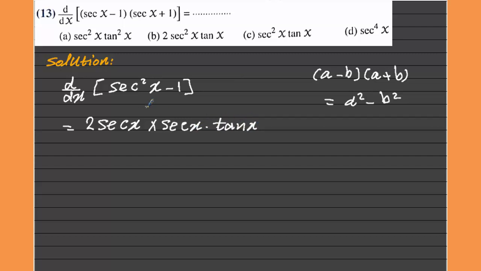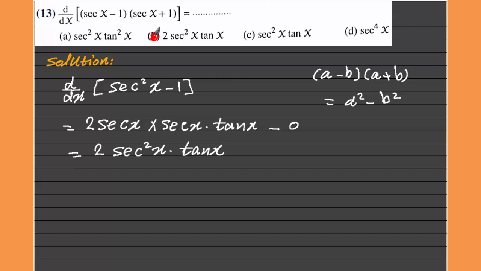The derivative of sec is sec tan minus the derivative of 1 is 0. So the final result will be 2 sec x multiply sec x is sec square x dot tan x, and we have this at letter B, 2 sec square x tan x.